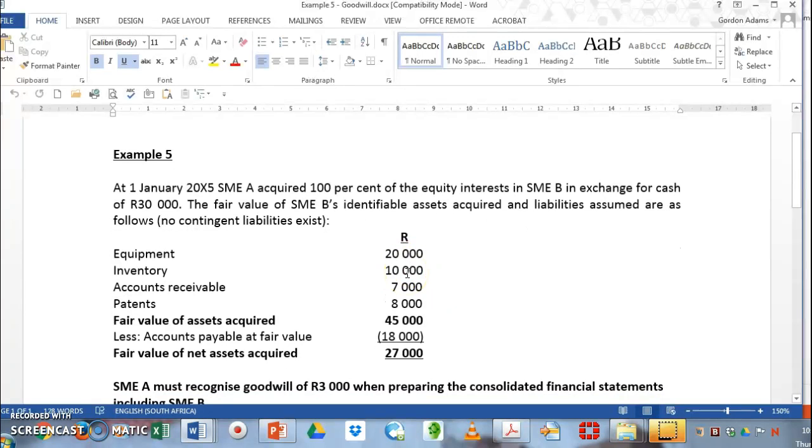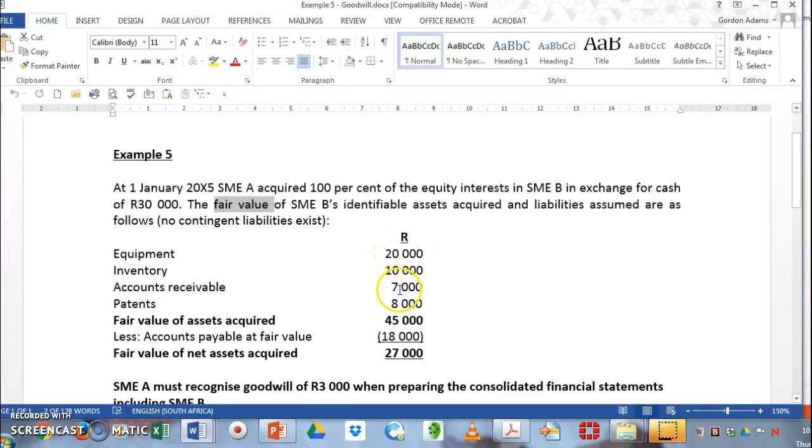Example 5 has this for us. So it says basically on the 1st of January 20x5, SMEA acquired 100% of equity interest in SMEB in exchange for cash of 30,000 Rand. The fair value of SMEB's identifiable assets acquired and liabilities assumed, importantly, identifiable assets and liabilities at fair value are as follows. No contingent liabilities exist.